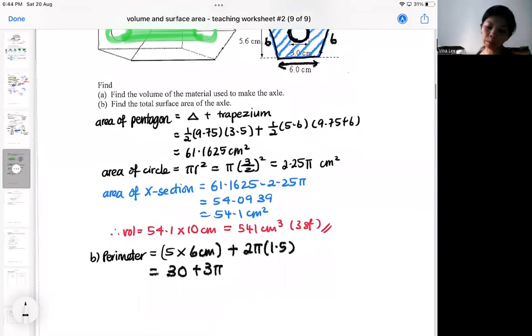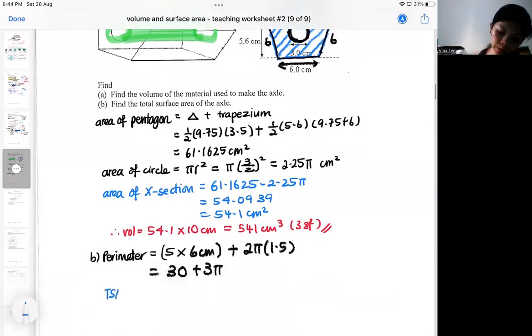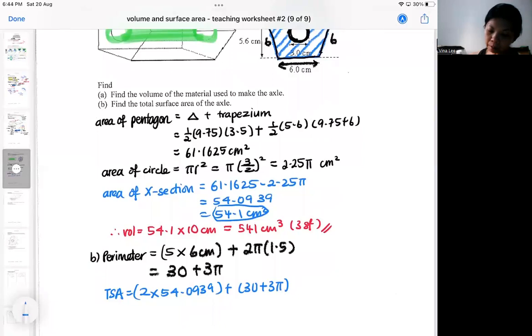So from here we calculate the total surface area. So I got 2 pieces of the cross section, which is this. But of course I'm going to use more decimal places. And I'm going to use the perimeter multiplied by the length. So let's try.